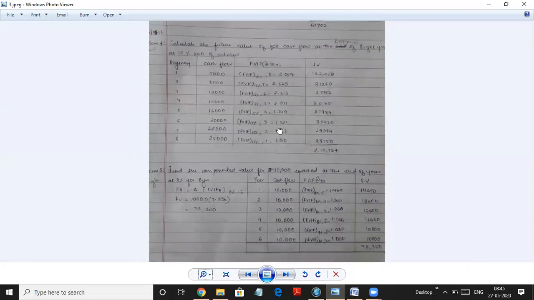Just see here in the previous sums that I did. Here when it was beginning of the year, we started with 8. 8 years is the N value. So you start with the N value. Okay. And if it is end of the year, we do N minus 1. So here if you see, this problem is of end of the year.